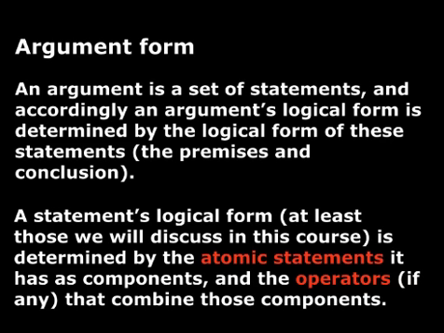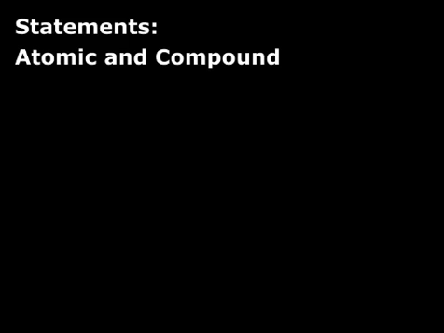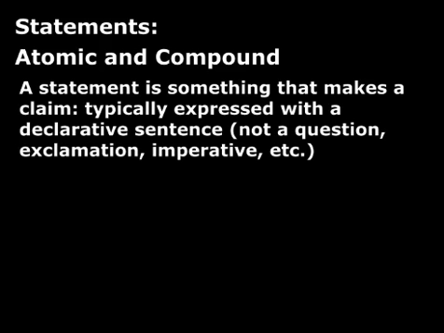This will make more sense in a minute. The first thing we need to do is distinguish between atomic and compound statements. First I'll give you some definitions and then we'll see some examples, and hopefully the examples will be clear.